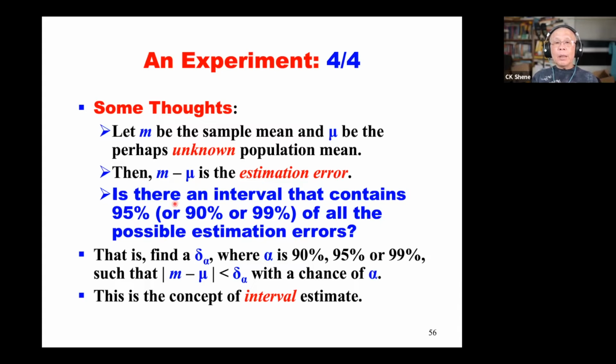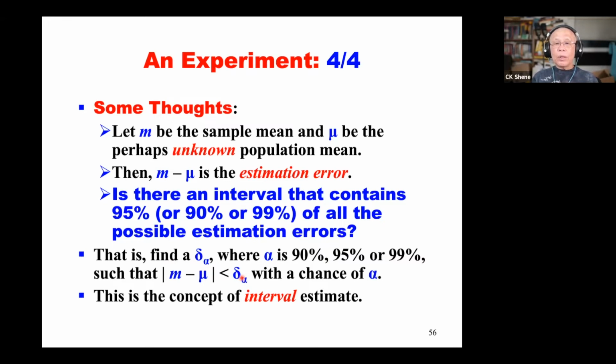So technically, we want to find a delta alpha, where alpha is 90%, 95%, or even 99%, so that the absolute value of the estimation error would be less than delta alpha.